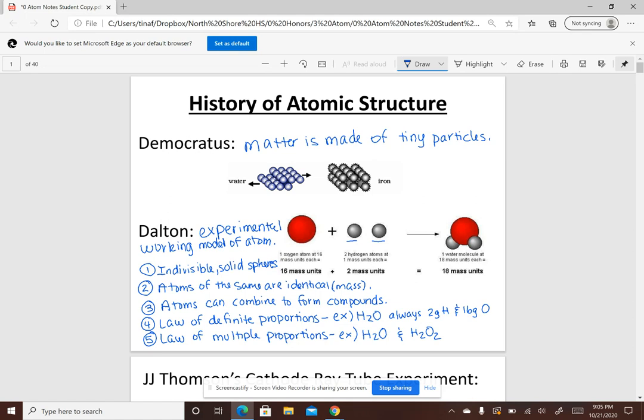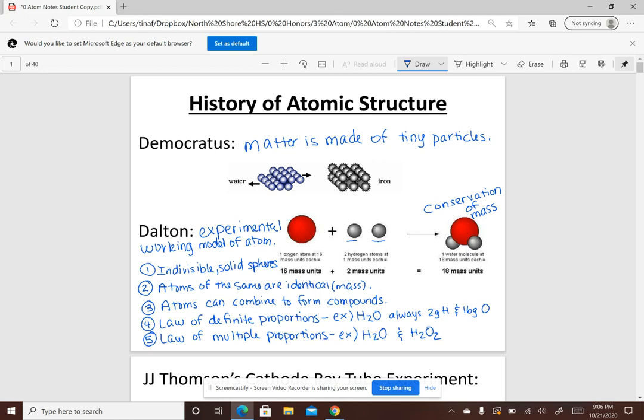Okay, so he said all of those things. And guys, within all of these theories that he came up with, he was also kind of the first one to prove conservation of mass.